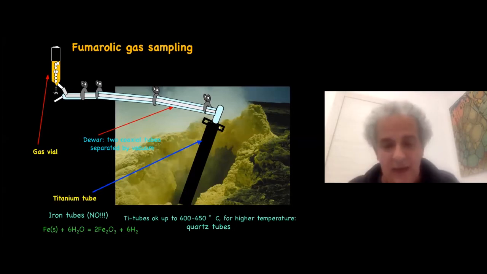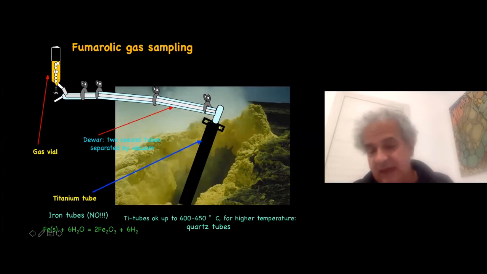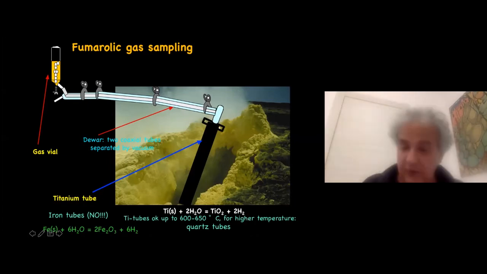So titanium is the perfect metal that can be used for this sampling for temperatures up to 650 degrees, because for higher temperature, you have the same reaction as we have seen for iron. Basically, you have the release of hydrogen, and we do not want this.